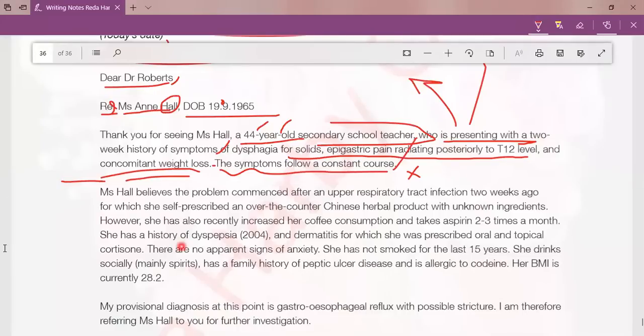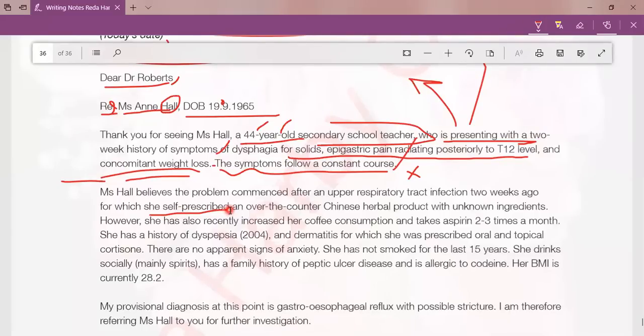Miss Hall believes the problem commenced after an upper respiratory tract infection 2 weeks ago. So he mentioned here 2 weeks ago again. This is not good, okay? For which she self-prescribed, okay, this is another fault. She is or she was prescribed, or she was self-prescribed.